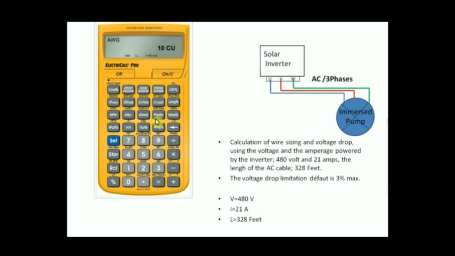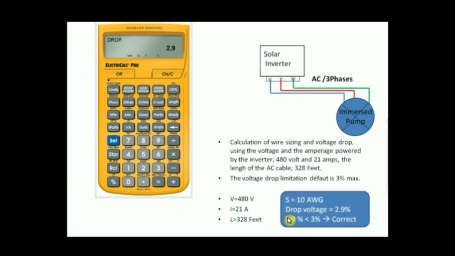And if we want to check the voltage drop, we have to click on the VD percent 2 times. And as you can see, we have 2.9%, which is inferior to 3%, the voltage drop limitation default. So our installation is correct.